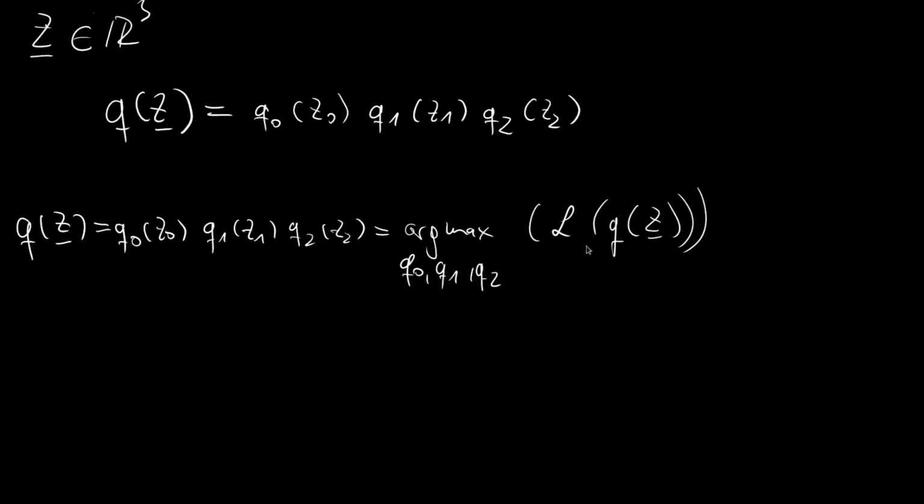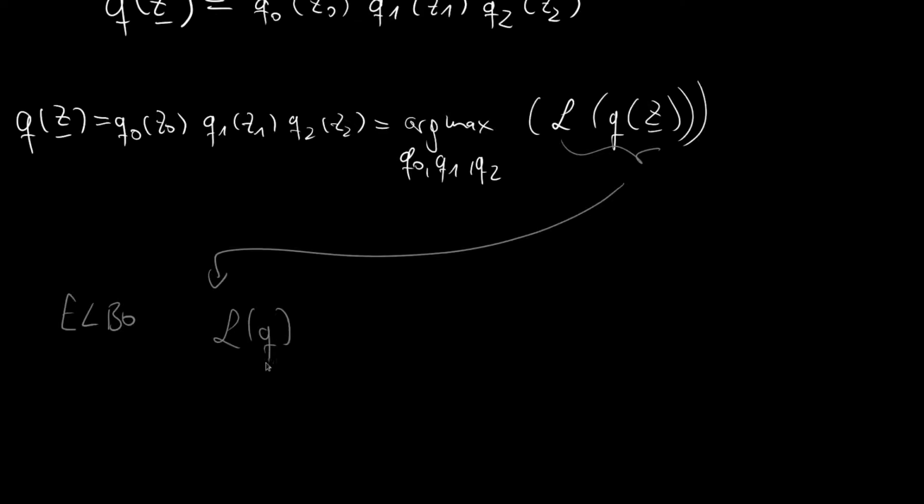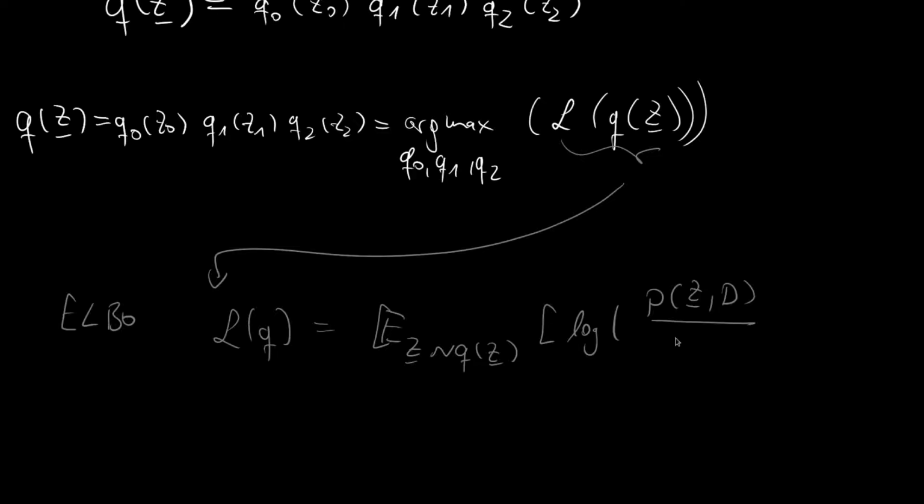Then let us recall the ELBO once again. That is the ELBO, or the evidence lower bound. And it is defined as a functional over our surrogate posteriors q as the expectation over latent random vectors z distributed according to our surrogate posterior of the logarithm of p of z and the data divided by q of z, closing brackets for the logarithm and closing brackets for the expectation.